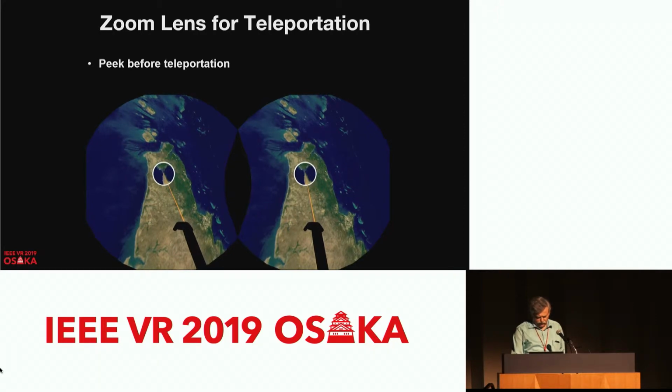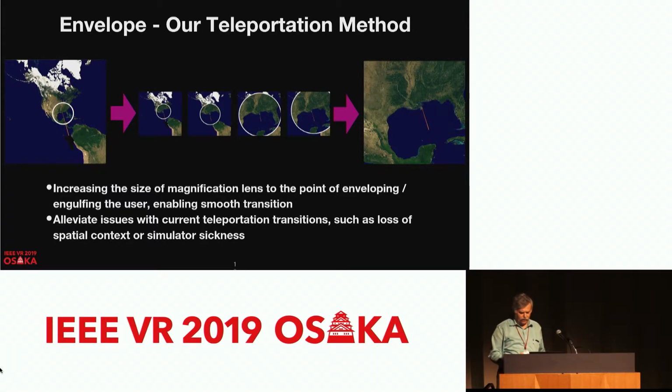So we developed a technique that we call Envelop. Basically, we increase the size of the magnification lens. We have a magnification lens that allows us to explore the target location, and we enlarge this magnification glass to a point that it's completely enveloping or engulfing the user.